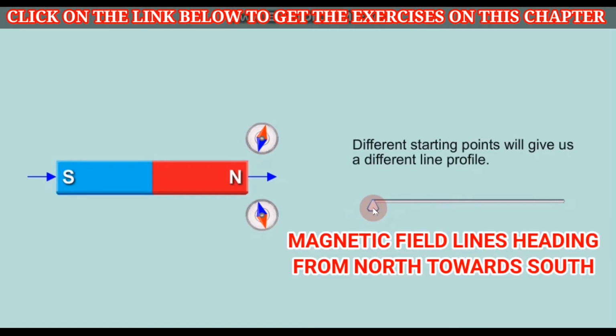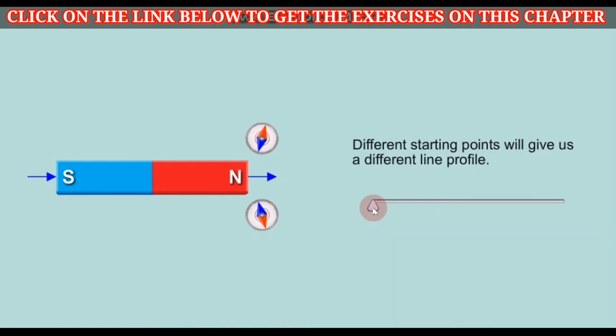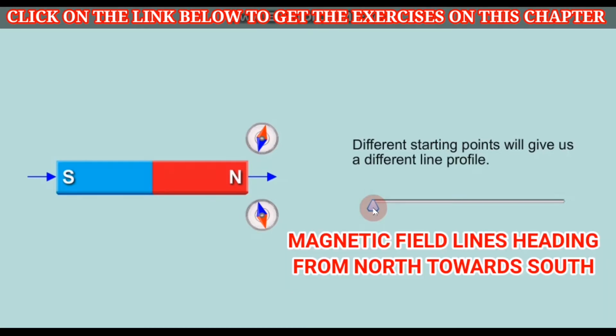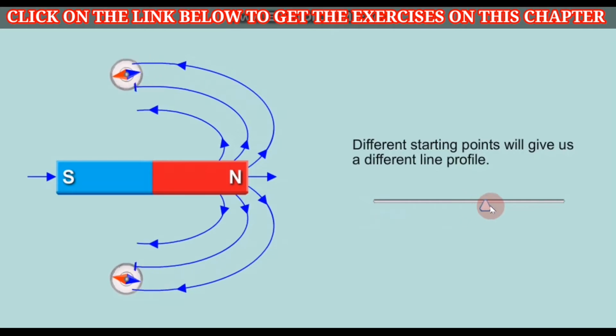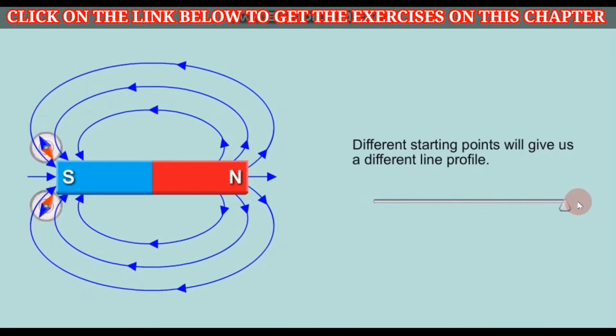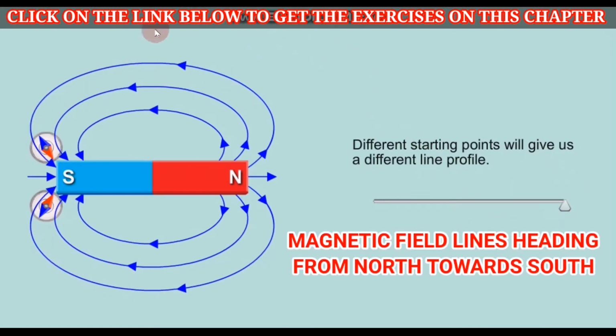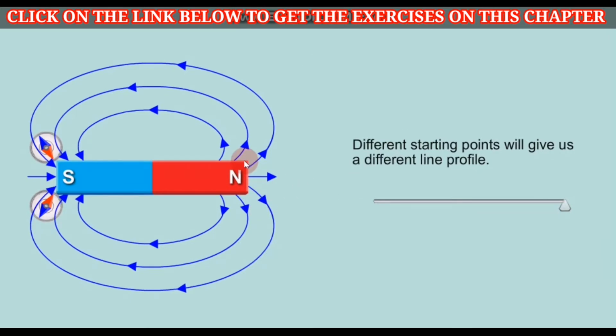So when I move this pointer, you may observe in which direction the plotting compass moved to. Alright, so from here we can see that the magnetic field direction is from the north to the south.